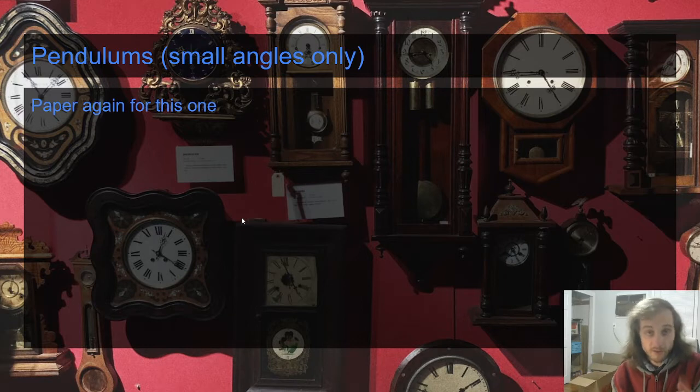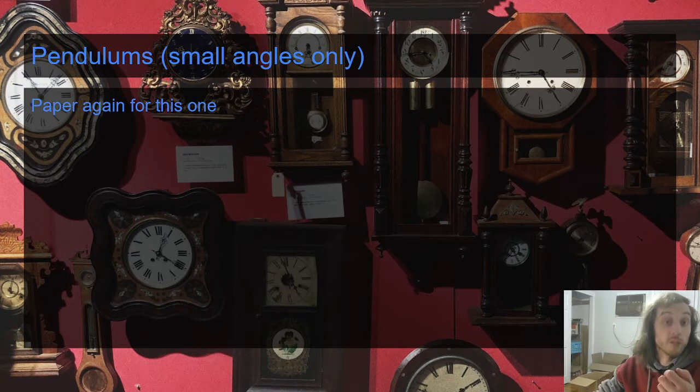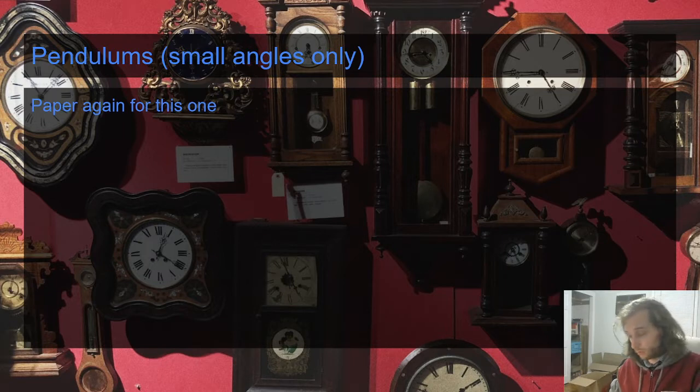So, pendulums. Moving on. A lot of the stuff from the pendulums is going to be really similar. The geometry is going to be miserable. Something also worth noting here is that this only works for pendulums with a small angle, but it will work for physical pendulums, which are basically pendulums where you have a non-zero mass for the string.